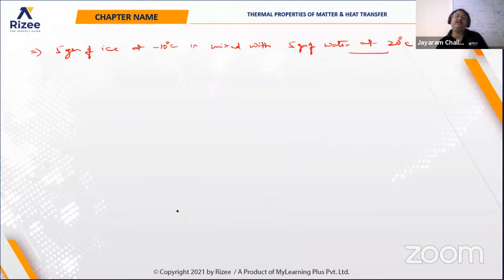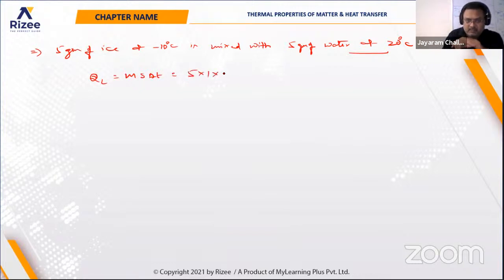Obviously, in this case, the water is at a higher temperature and the ice is at the cold temperature. So the water is the one giving the heat, that is, the heat lost by the hot body. The maximum heat it can lose is ms delta T: 5 grams into specific heat 1 into change in temperature 20 degrees. It will be 100 calories of heat that it can give.